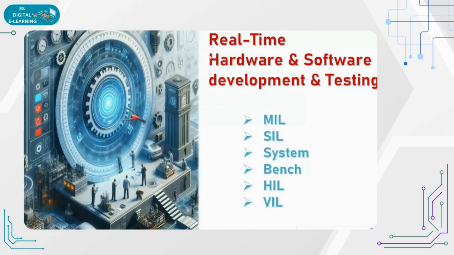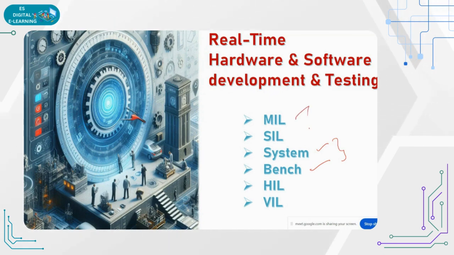And moreover, in real time, what is the hardware and what is the software, and how do we do the process for development and testing purposes? We have the MIL, SIL, HIL and system bench, and we need to understand the system, how we are connecting it, and the bench. These are two terms. We are familiar with them, but we'll go through them once again.